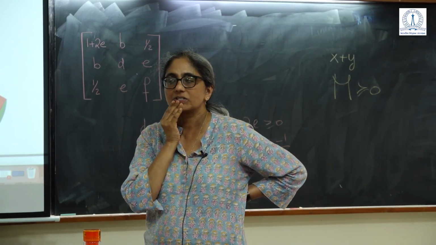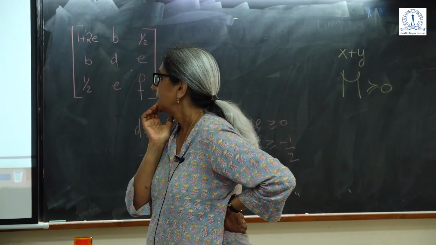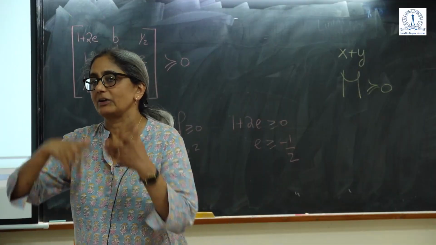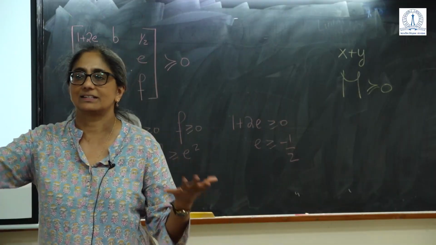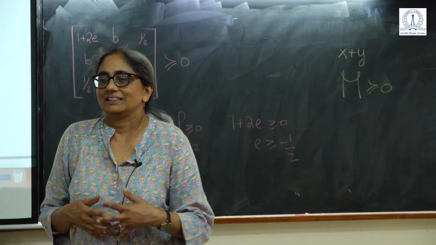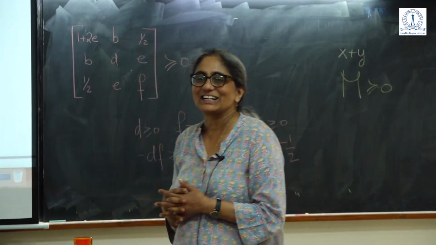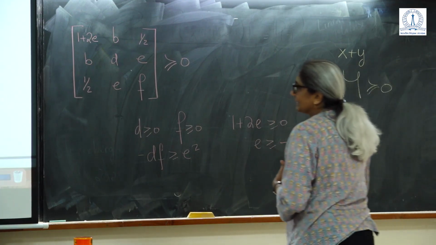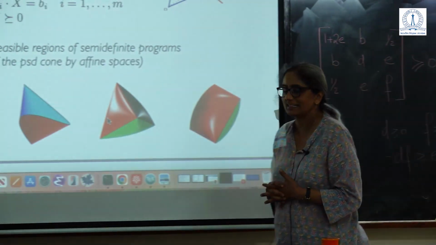I'm not sure where he is now. But he called them spectrahedra because it's about PSD matrices and so on. I don't know if that's the best name, but that's the name that has stuck. Because the PSD-ness is about eigenvalues, right? It's really about eigenvalues being non-negative.